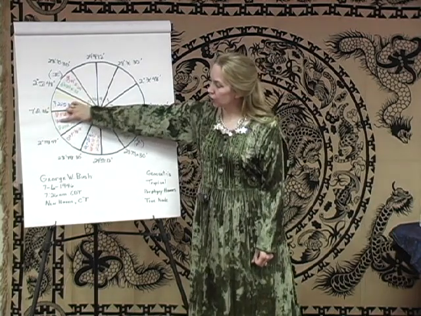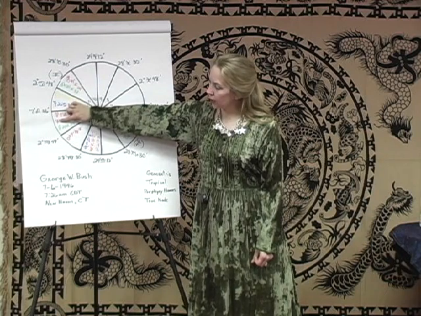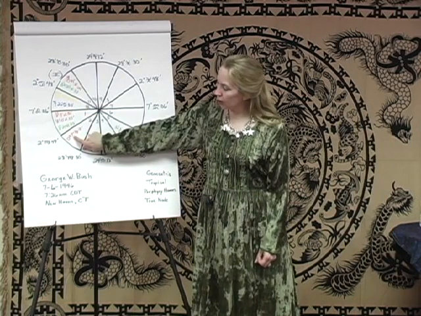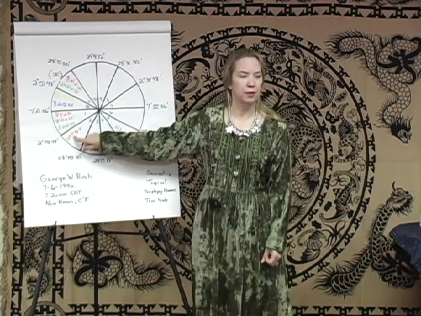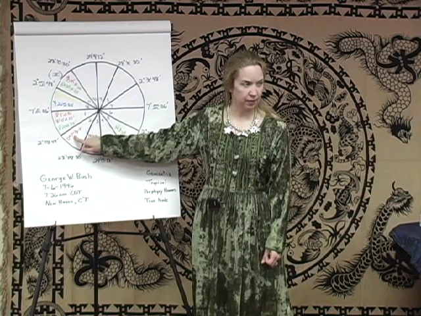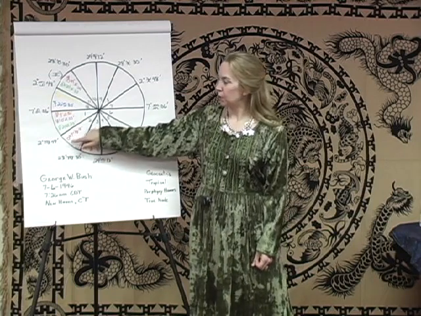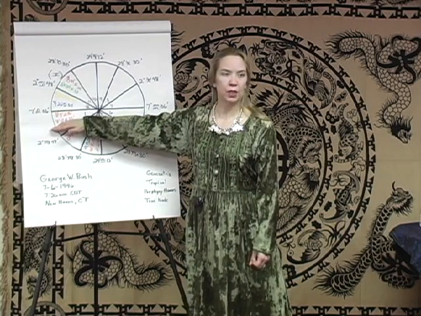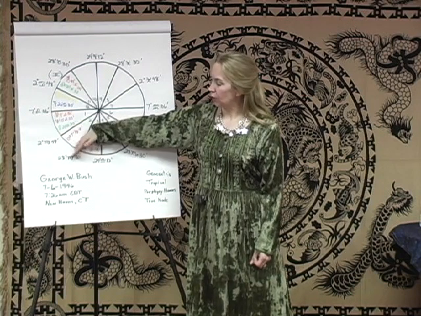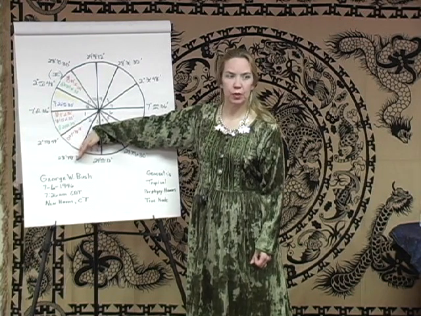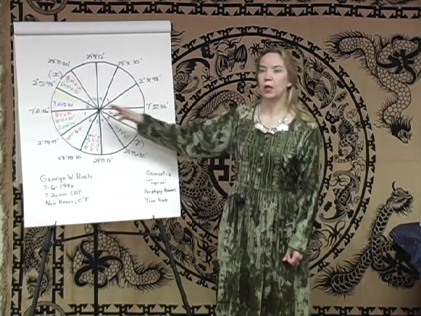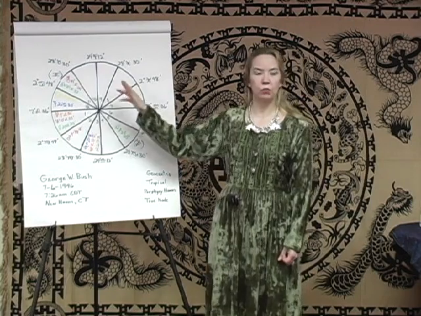With George Bush, if we took Pluto as the stationary point and went counterclockwise to Mars, we only go 29 degrees. That's new phase. So a Pluto-Mars in new phase would be 1 lifetime. Pluto at 45 degrees from Mars would be 2 lifetimes. 90 degrees, 3. 135, 4. Those 8 phases you'd count around.